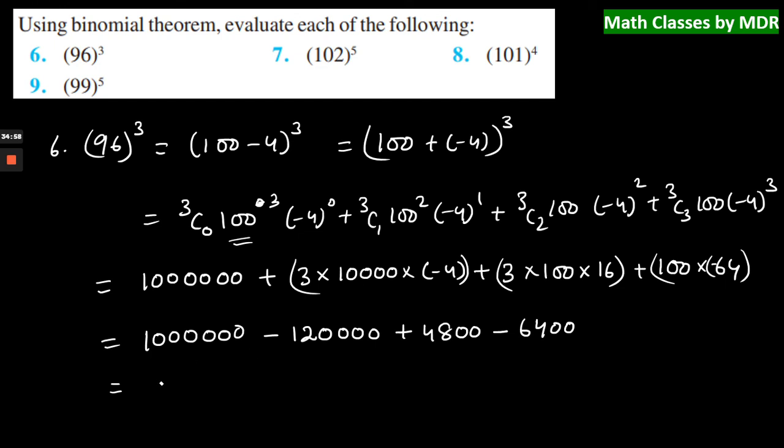So 8,80,000 minus 1,600. Now subtract this to get the final answer. That is 8,78,400 is your answer.